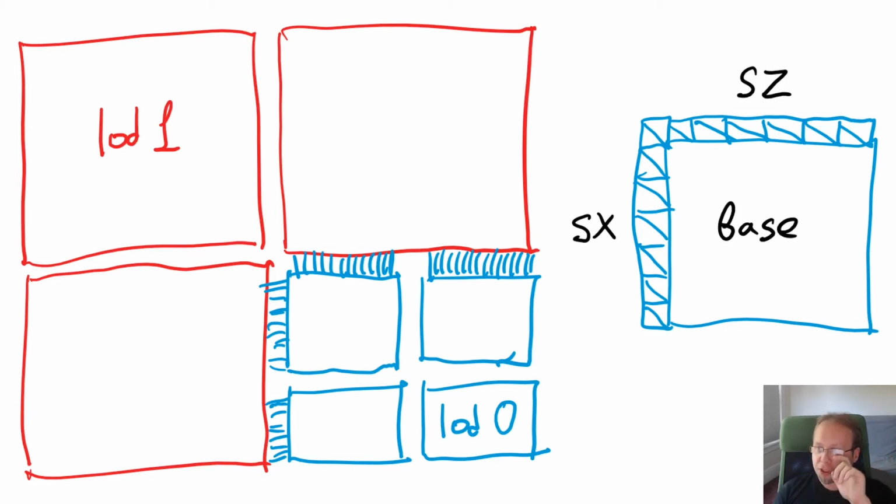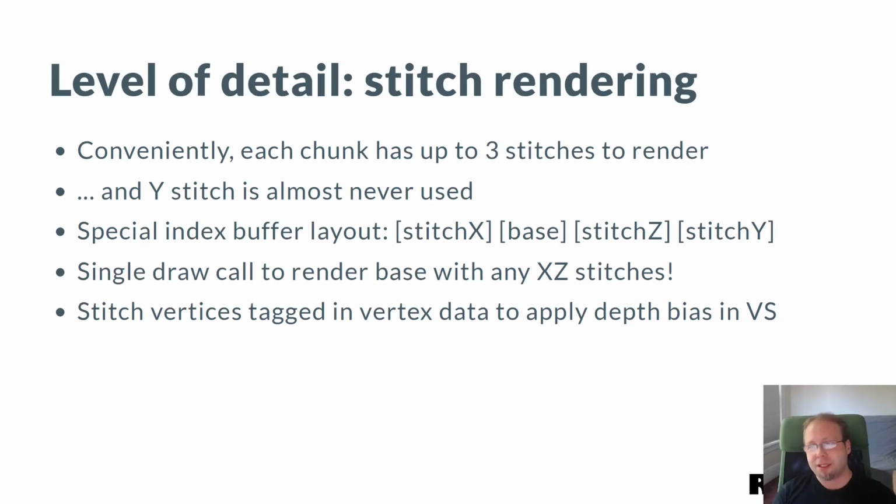And in a 2D picture, there's the base, which is the center of the chunk, and then there's stitch X and stitch Z, and you only have to render them if either of your neighbors on either side has a coarser level of detail than you. Now, the beauty of this is that there's at most 3 sides, and one of them, the Y side, Y being up, is almost never used for us just because of how the level of detail is computed, etc.